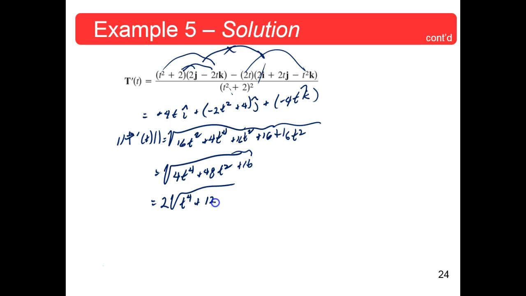So 12t squared plus 4. Now, that's not what they get, I don't think.